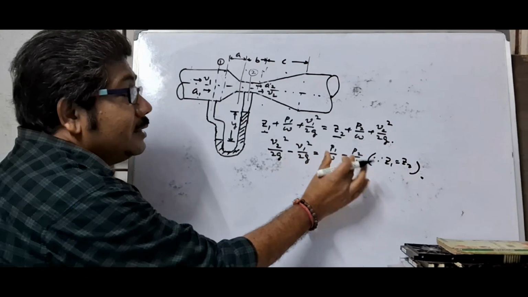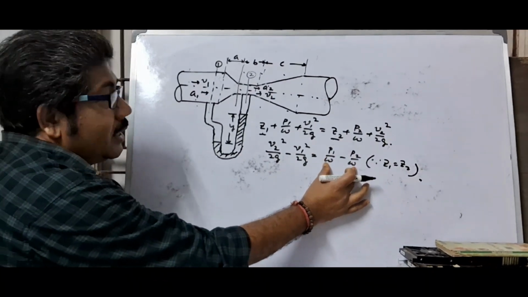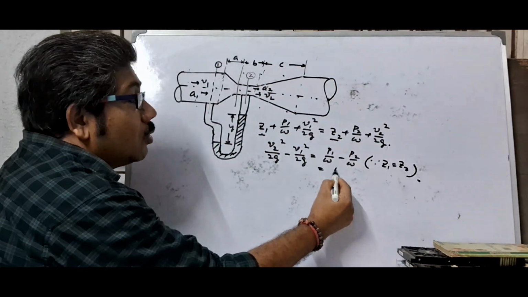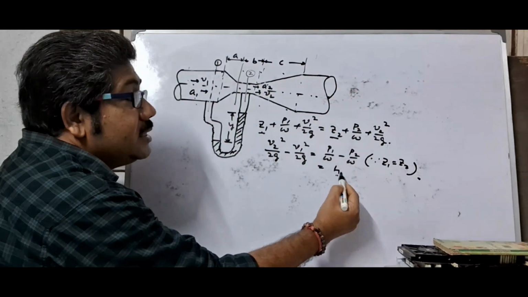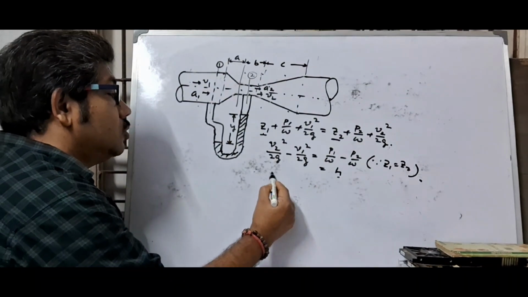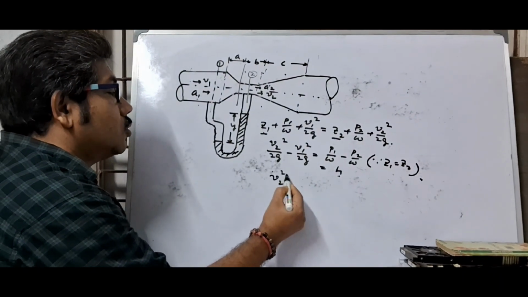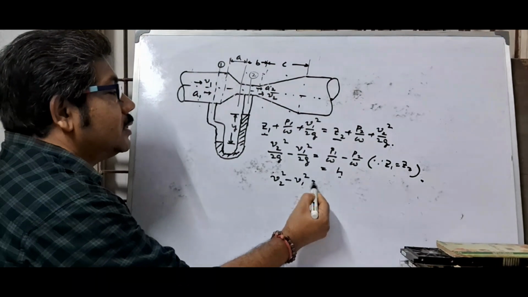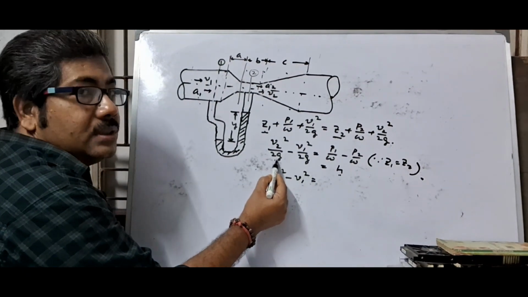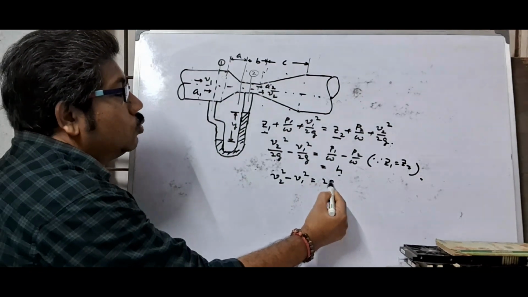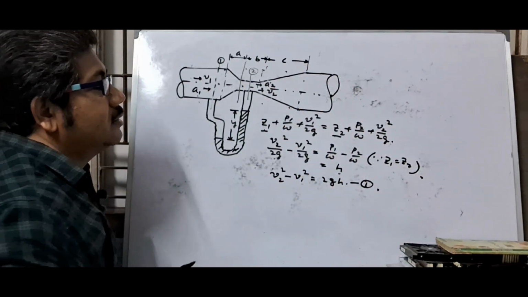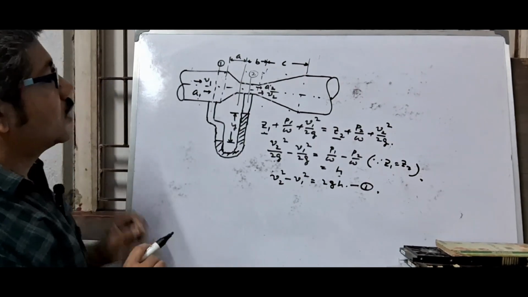And this pressure head difference between 1 and 2 section is called Venturi head. H is called Venturi head. Remember. So here V2 square minus V1 square equals 2GH, and this is equation number 1.